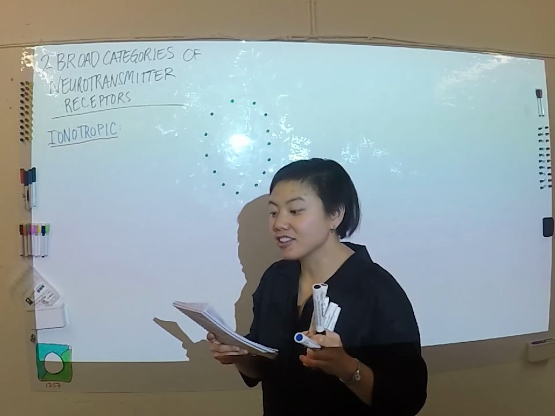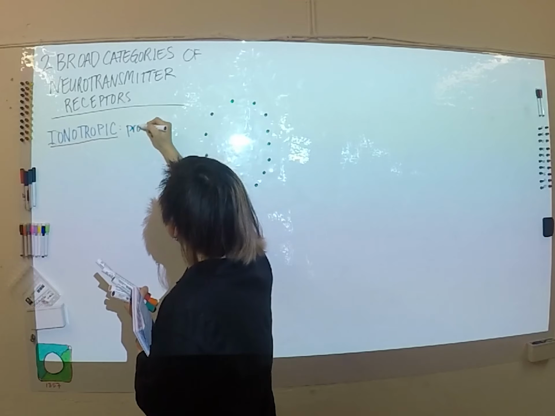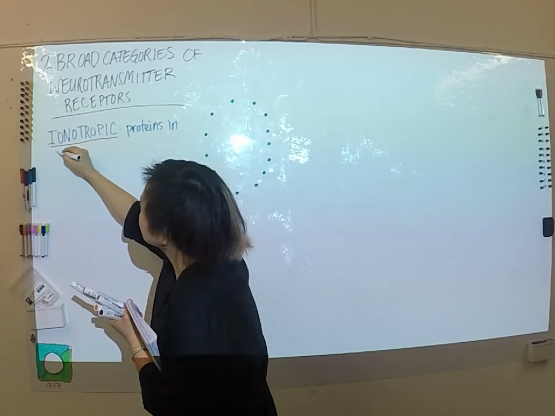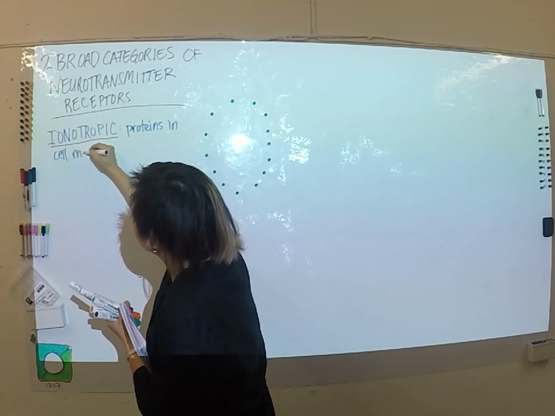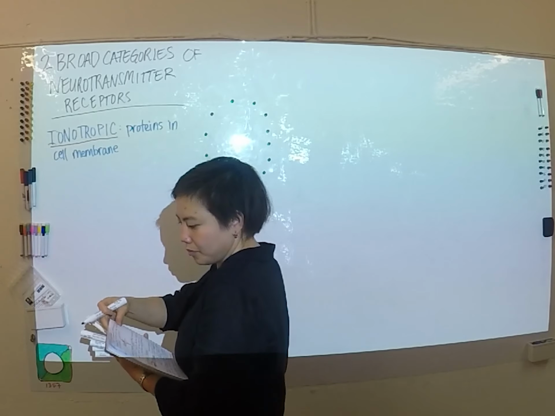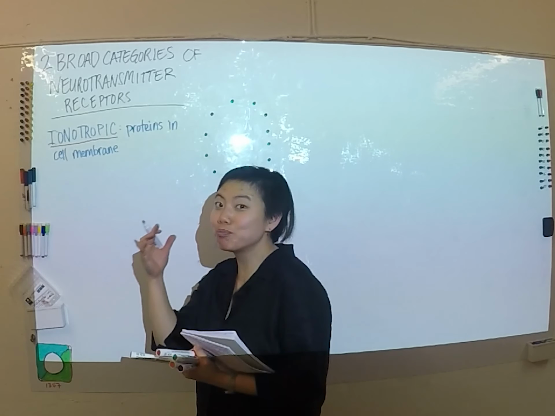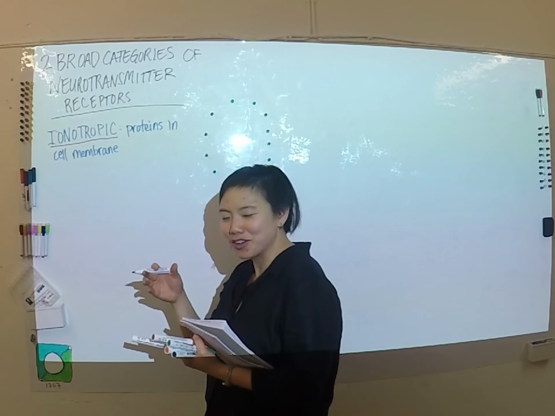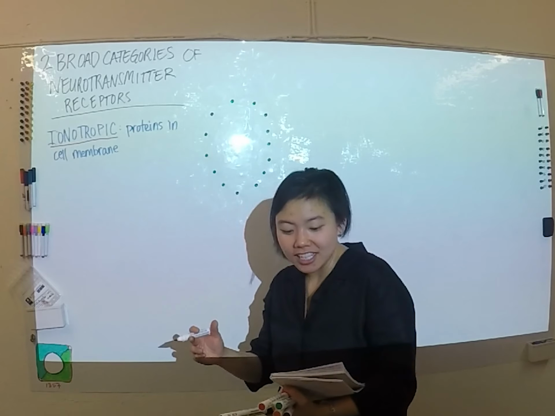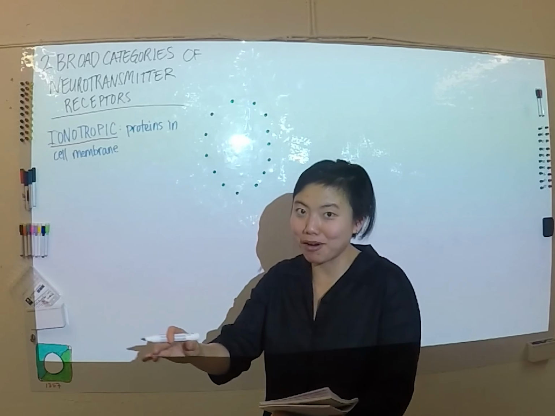So these are proteins in the cell membrane, okay, that form an ion channel pore. Is this familiar now? Okay, and remember, an ion channel pore is a hole through which ions can cross the membrane.